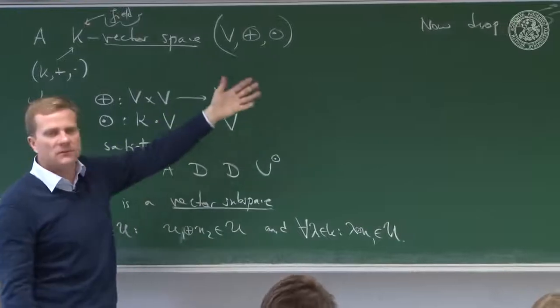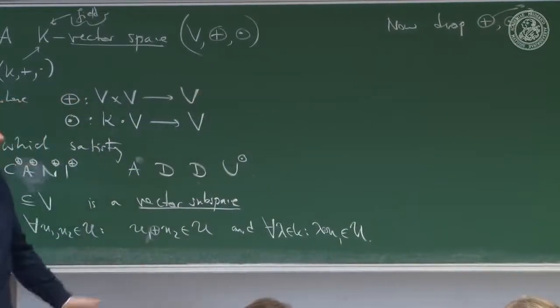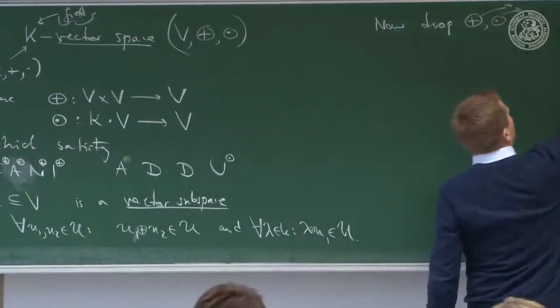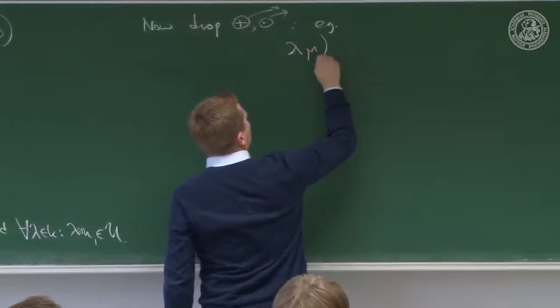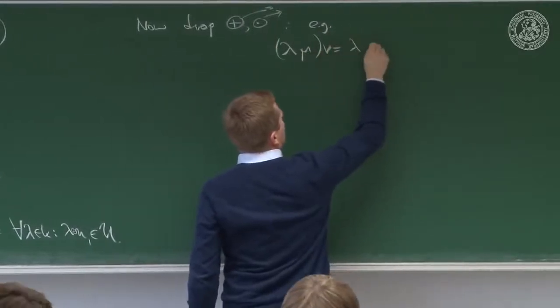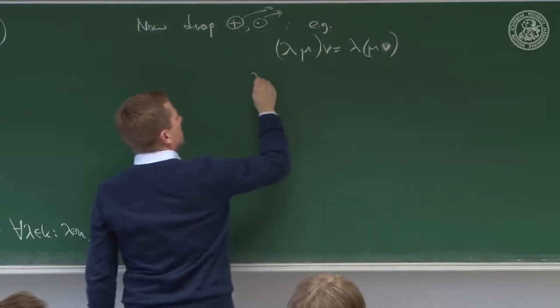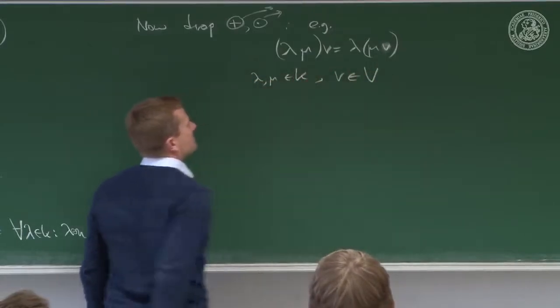And we can drop the circs, because the expression always tells you what it is. So for instance, you have, e.g., lambda mu v is lambda mu v, where lambda and mu are from the underlying field and v is from the vector space.